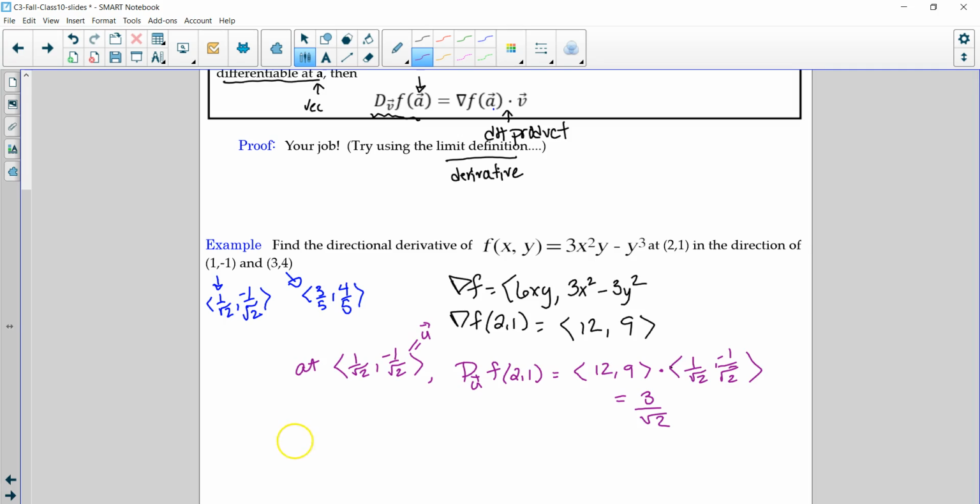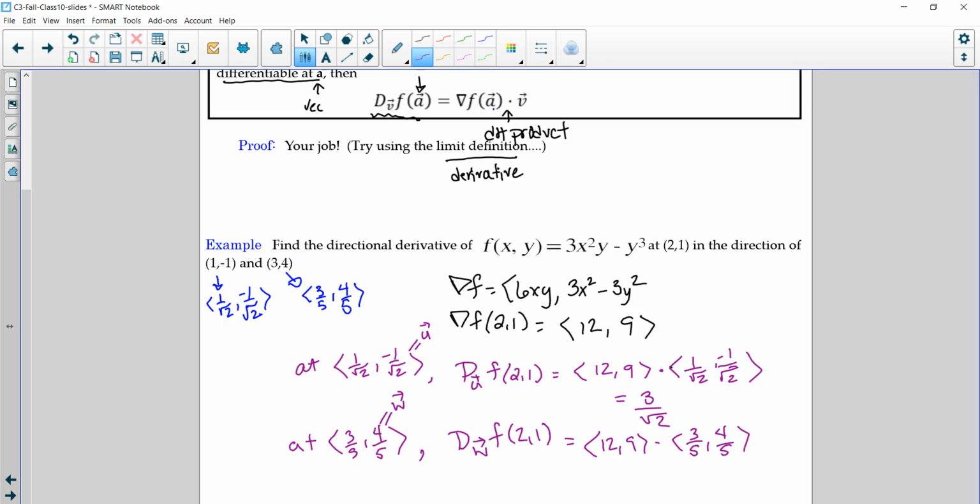And then similarly at 3/5, 4/5, which we'll call vector w, the directional derivative in the direction of w of f at 2, 1 is equal to 12, comma 9 dotted with 3/5, 4/5.